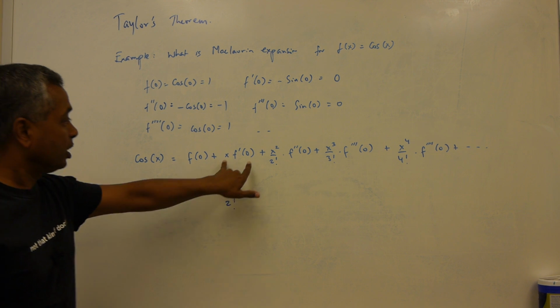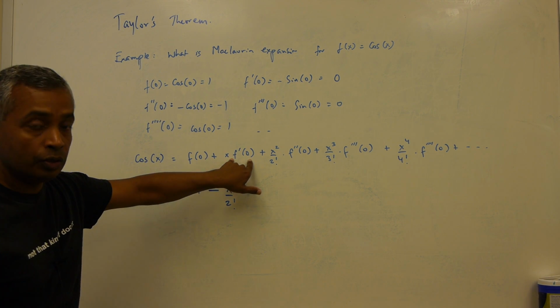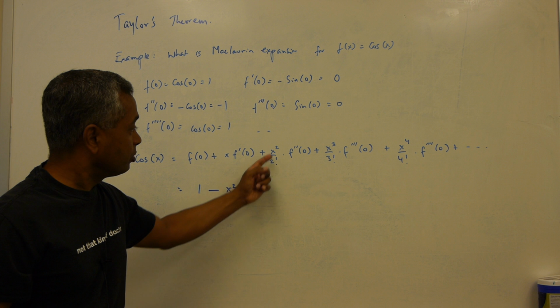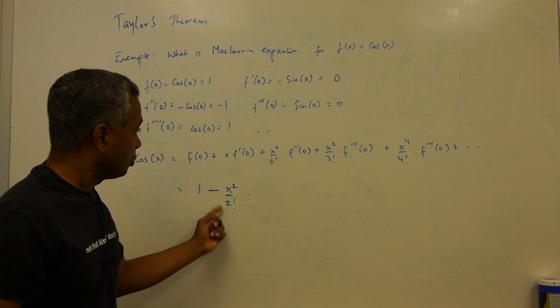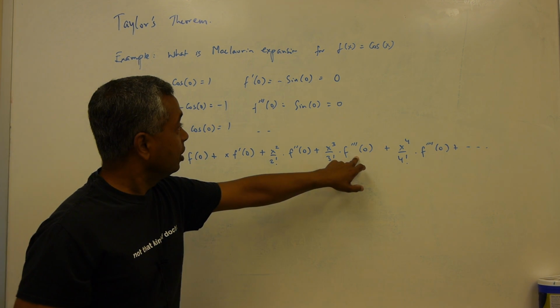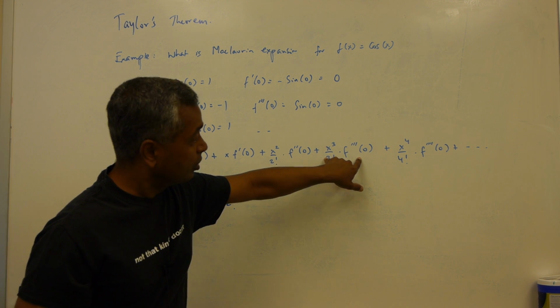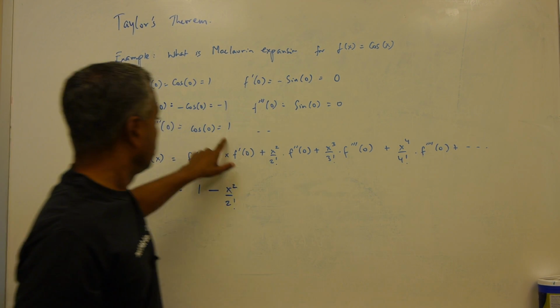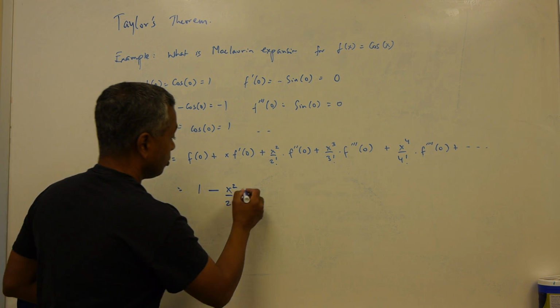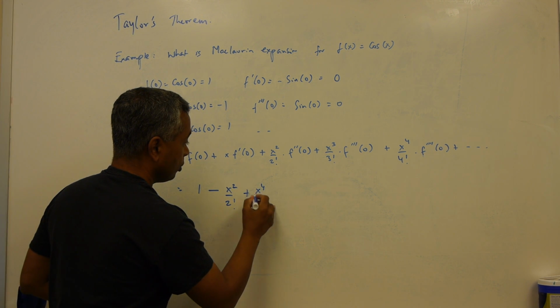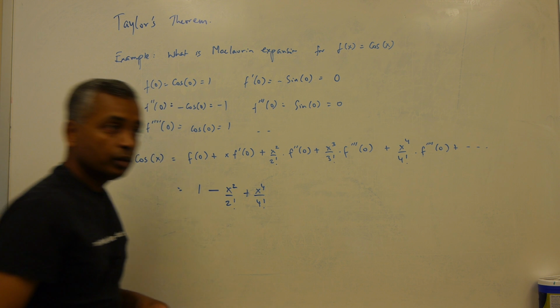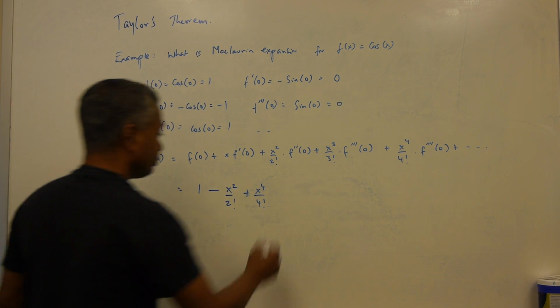Now the third derivative once again is 0, so this term becomes 0. The fourth derivative is 1, so this becomes plus x to the power 4 over 4 factorial. Okay, and so on.